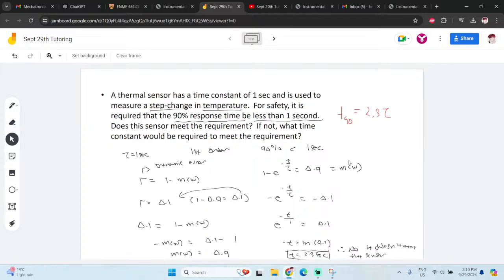Yeah. So it means T90 has to be less than or equal to 1. That's the maximum, so you can consider this criterion. You just plug it in: 2.3 into tau is less than or equal to 1. So tau would be equal to 1 over 2.3.